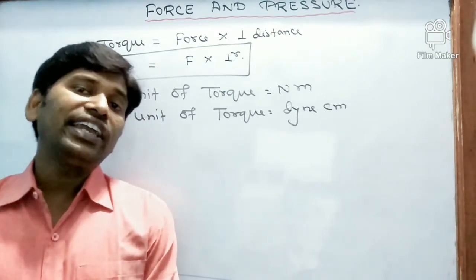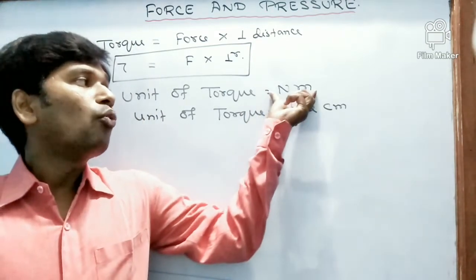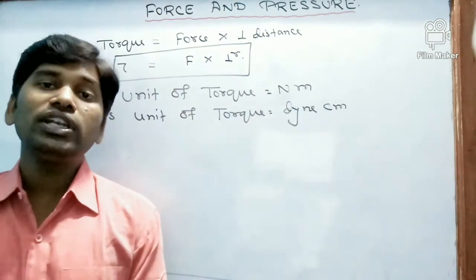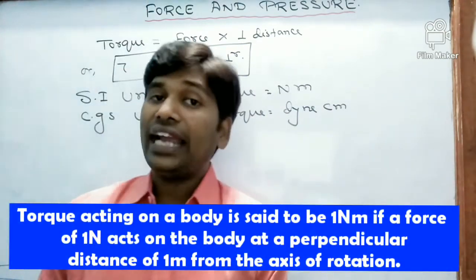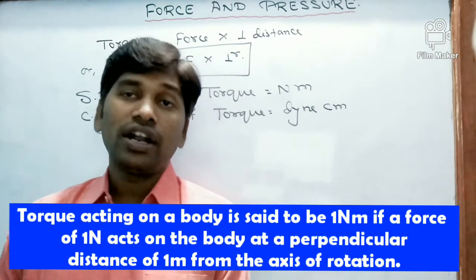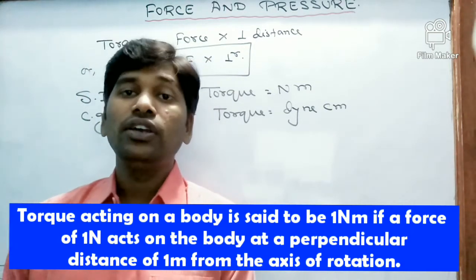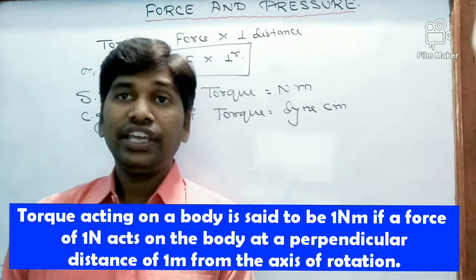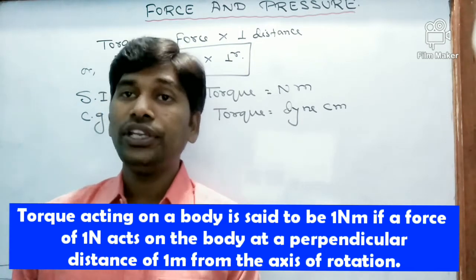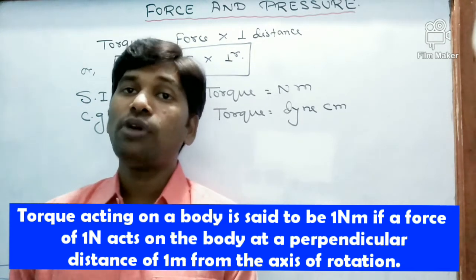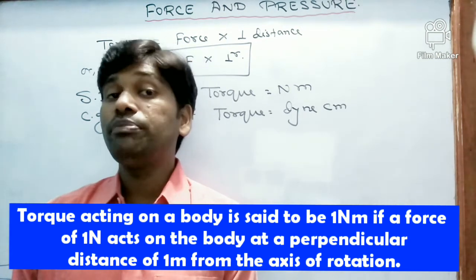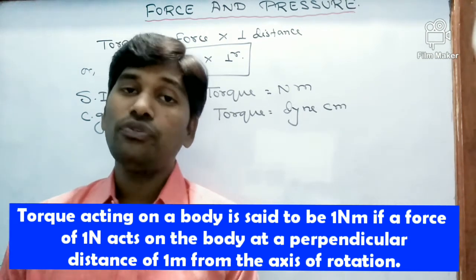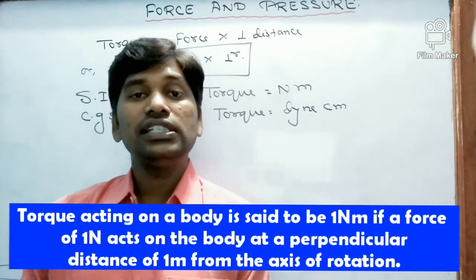We can define 1 Newton meter. So what is 1 Newton meter? The torque acting on a body is said to be 1 Newton meter if a force of 1 Newton acts on the body at a perpendicular distance of 1 meter from the axis of rotation.